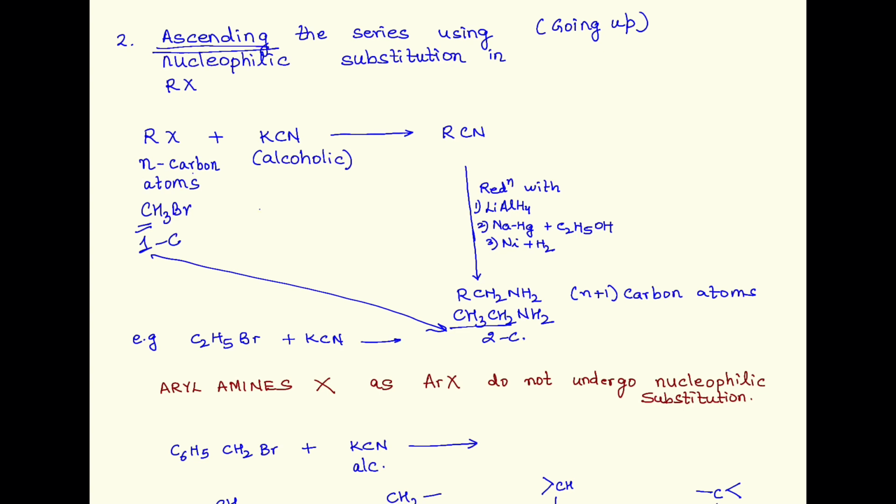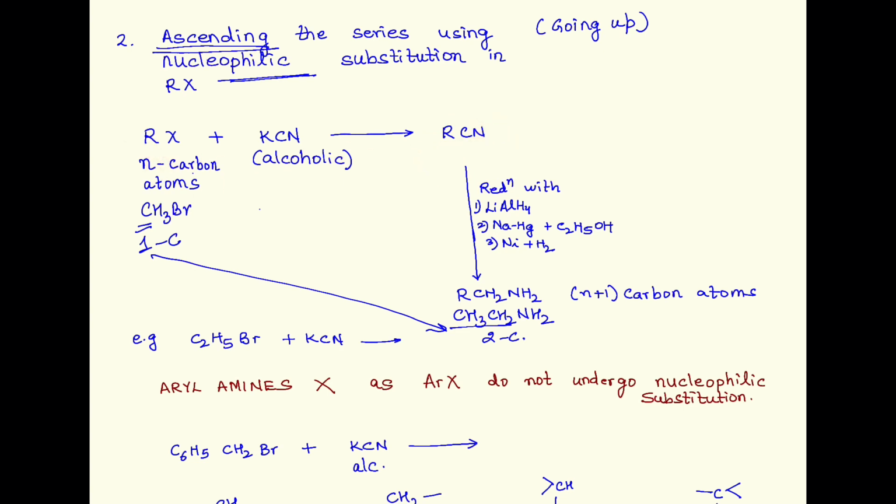And this is done by using the method of nucleophilic substitution. And how do we do that? Recall what we did in the haloalkanes. Haloalkanes react with alcoholic potassium cyanide and give you the nitrile derivative RCN.